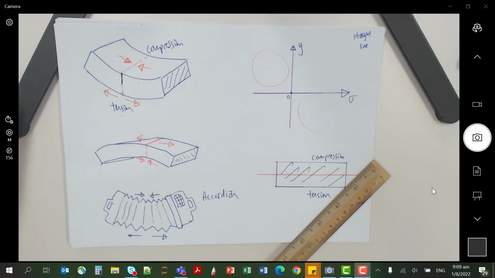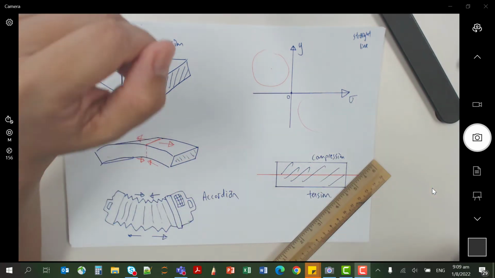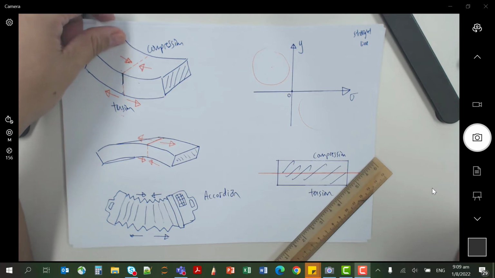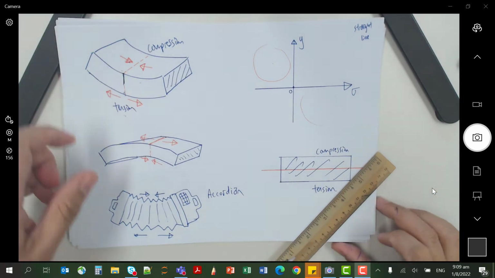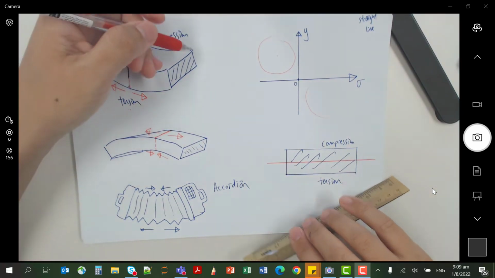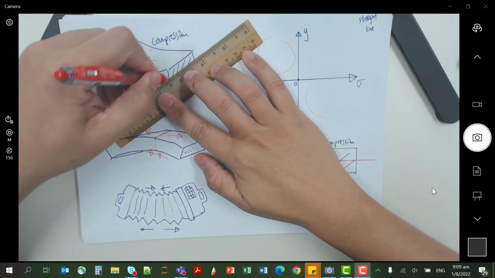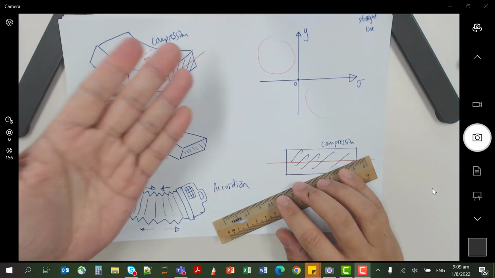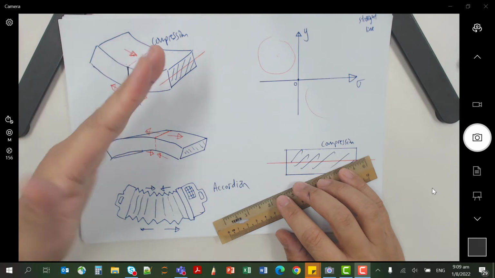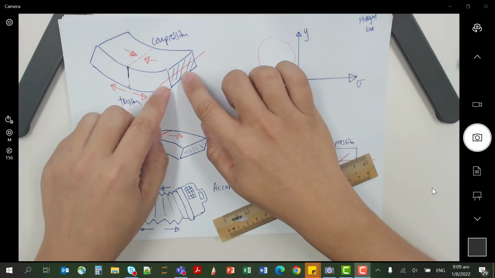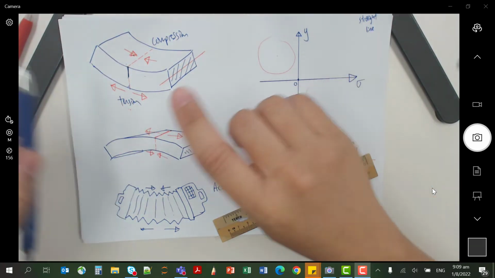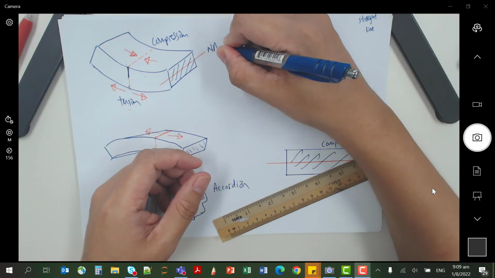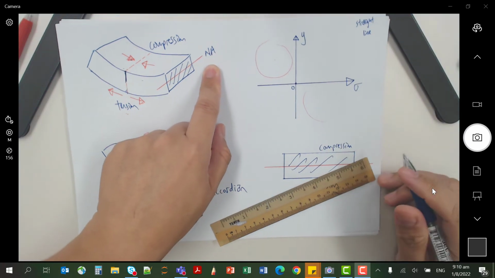Then you will ask, what happens at the middle? The simple answer is, you remember the axis that I drew, that the rectangle rotates about this axis? This axis is what we call the neutral axis. Why is it called neutral? Neutral means zero.